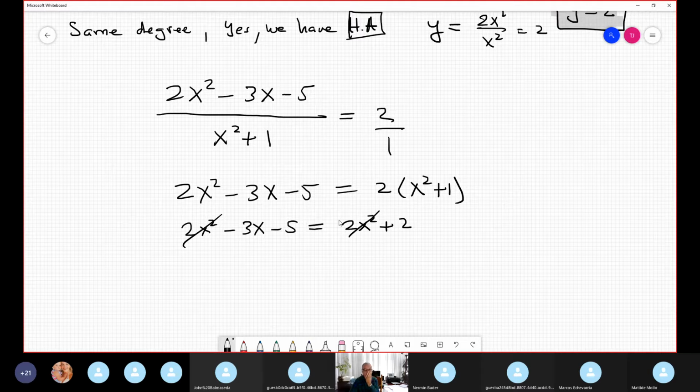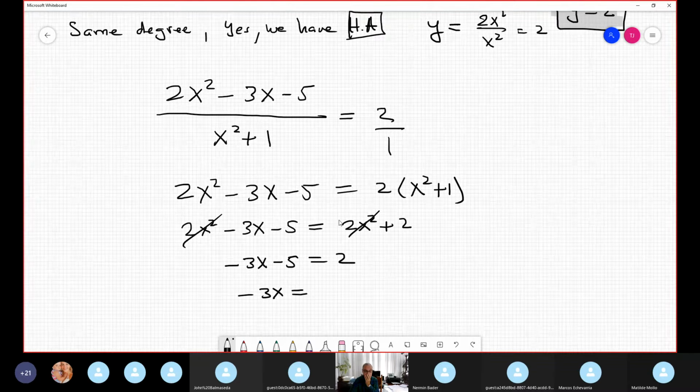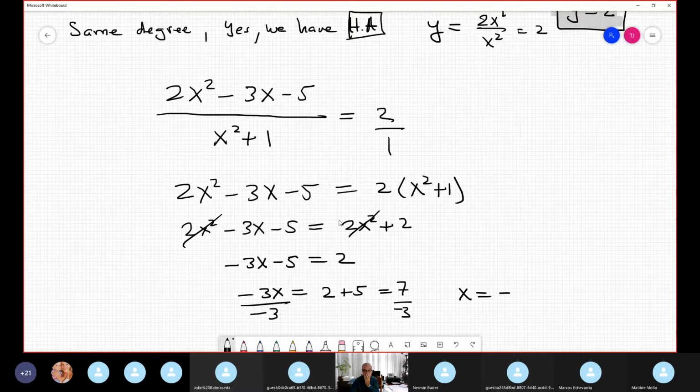Good, I like that. And we stay with minus 3x minus 5 equal to 2. Let me solve this linear equation, it's too easy. Minus 3x is equal to 7. Divide by negative 3 on both sides.